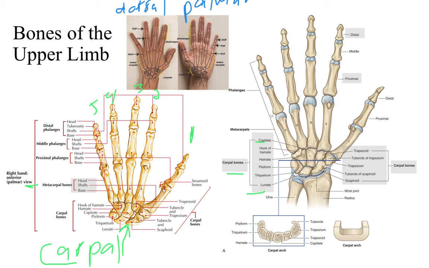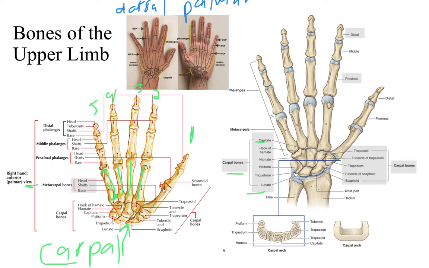And then from that extend out our metacarpals, and the anatomy of that is still the same. We have our base, the shaft, and the head. The base is more proximal, the head is more distal.